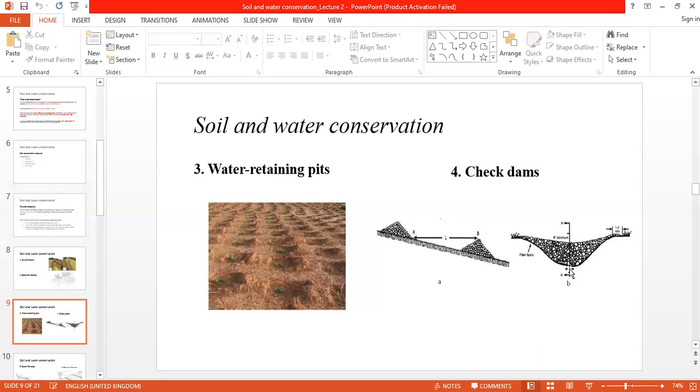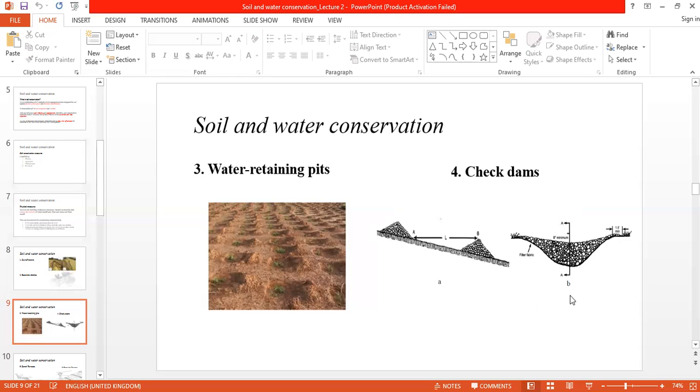If your drainage is like this, then you block the water coming in this direction, it gets blocked here. The speed reduces. As it moves from here to the next point, it will have a lower speed than it had previously. So these ones will protect the drainages as well as the gullies.